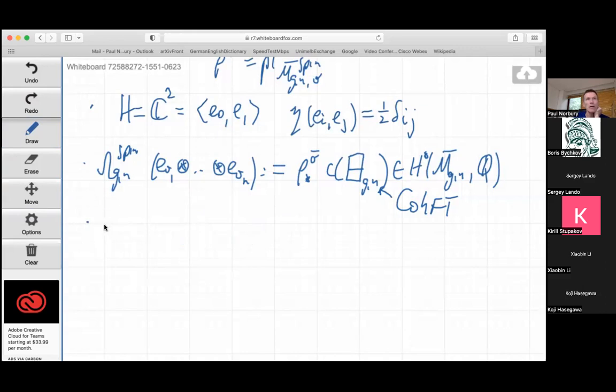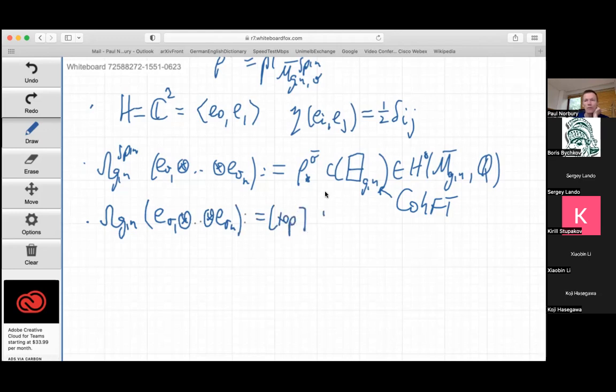I'm going to define omega gn of e sigma 1 through e sigma n to be the top degree of this, with a factor of minus 1 to the n, 2 to the g minus 1 plus half n plus the size of sigma.